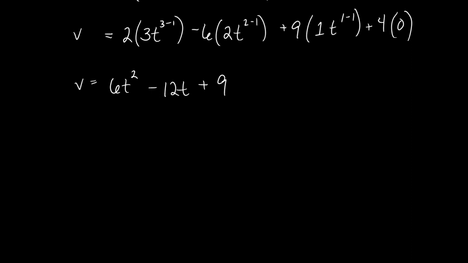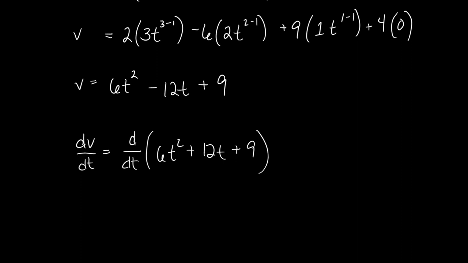Not done yet. You need to create all 3 functions. So the next function is going to be to take the derivative of the velocity with respect to time. That means taking the derivative of this whole function with respect to time. Again, I'm being very slow and deliberate. This is for your benefit, not mine.